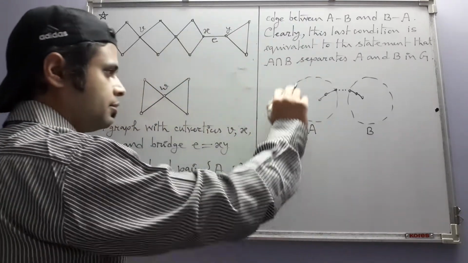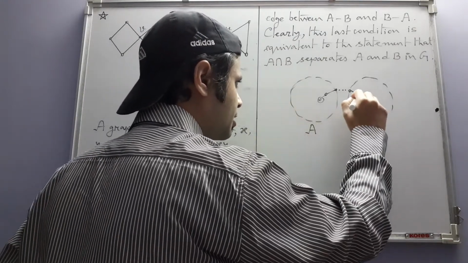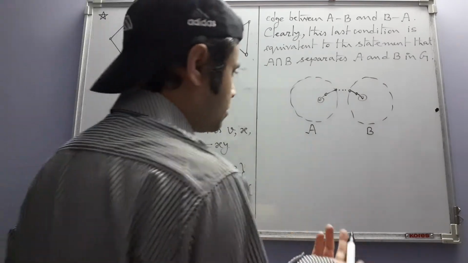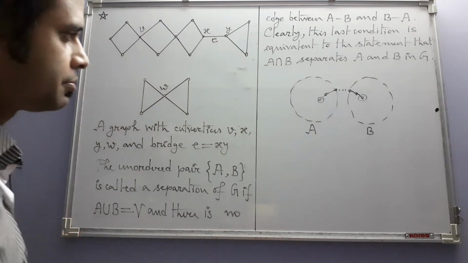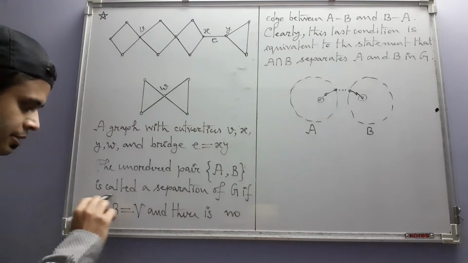Then what? This vertex of course belongs to A and this vertex belongs to B, because this is taken to be an AB path. Now look at this condition.